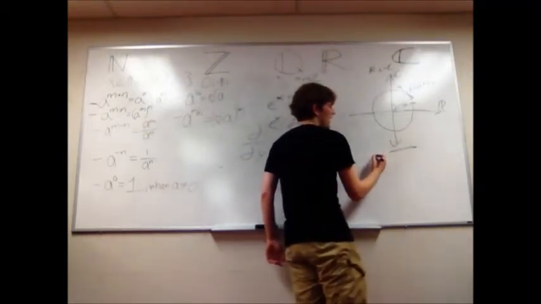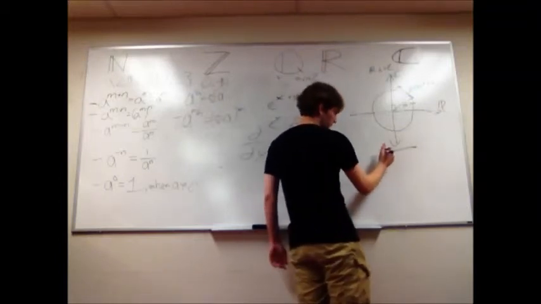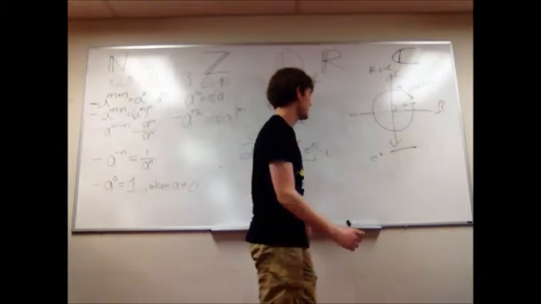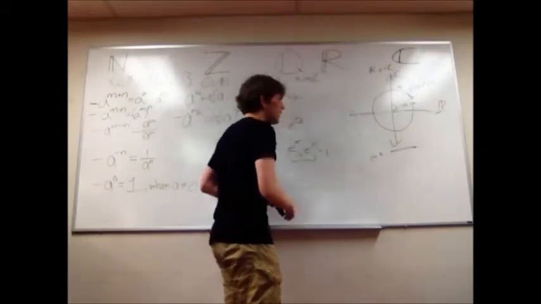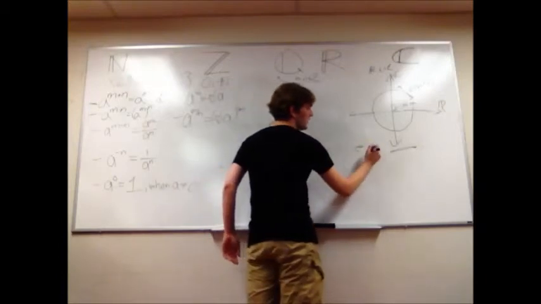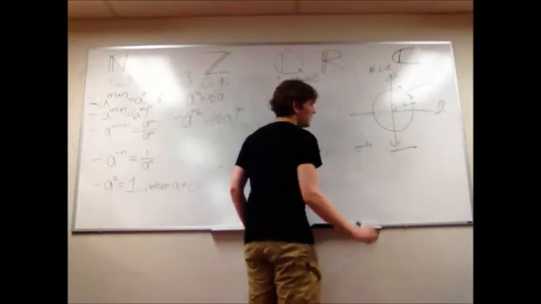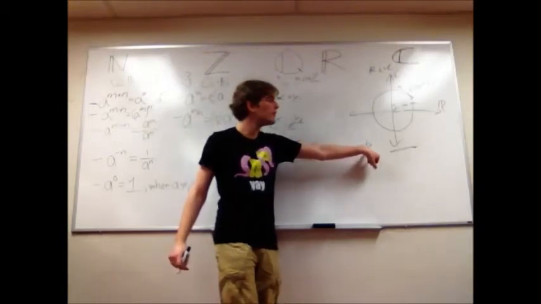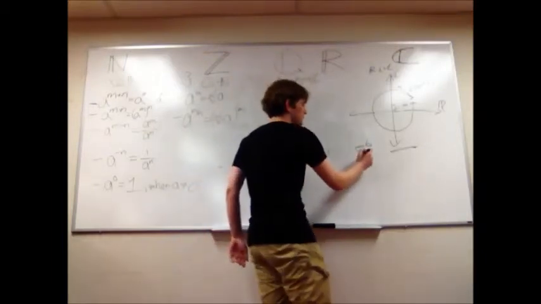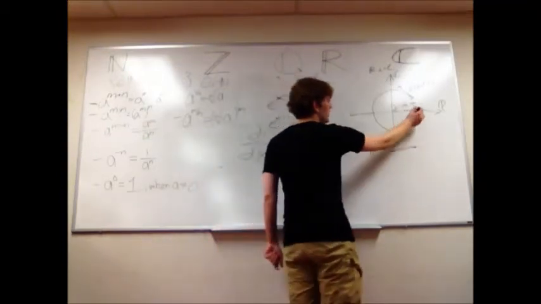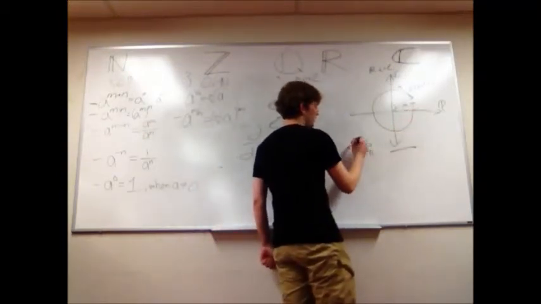If we wanted to figure out what any value e to the xi is, well, I guess I won't use x. If we wanted to figure out what this guy is right here, the e to the bi, all we have to do is go this many radians around our circle. If we had, oh, I don't know, pi, we can go pi radians around our circle. We'd start here, our e to the 0 right here, actually.